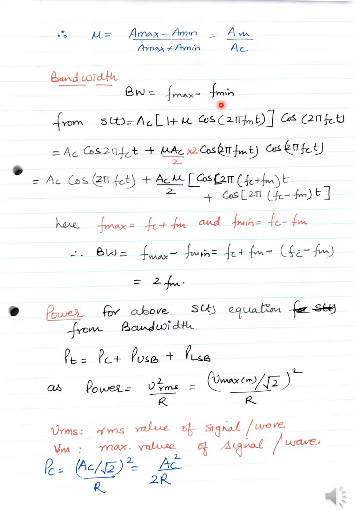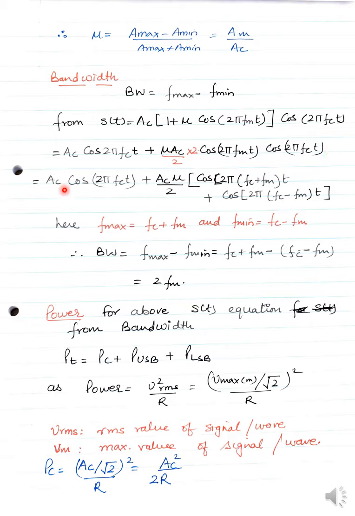Bandwidth equals fmax minus fmin. If we look at it from s(t), we can write Ac [1 + μ cos 2π fm t] cos 2π fc t. Remember, in the previous page it was Am divided by Ac, so we write μ in its place. When you open it, it will be Ac cos 2π fc t plus μAc multiplied by 2 divided by 2, so that I can apply the 2 cos A cos B formula here.